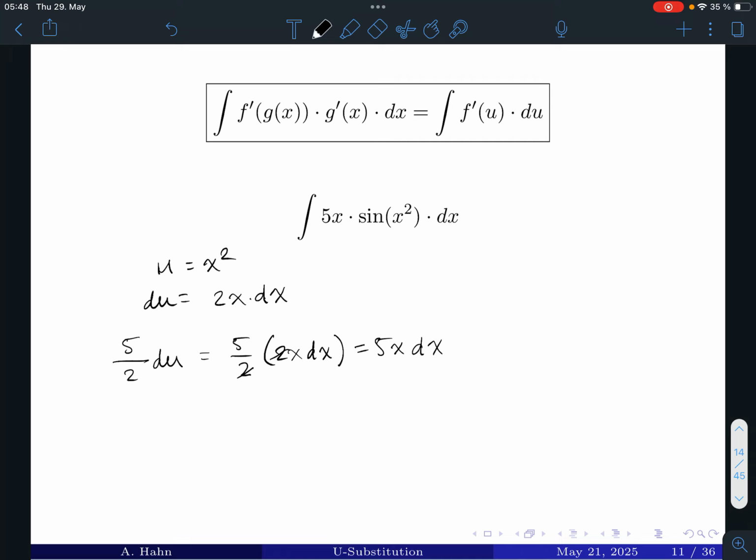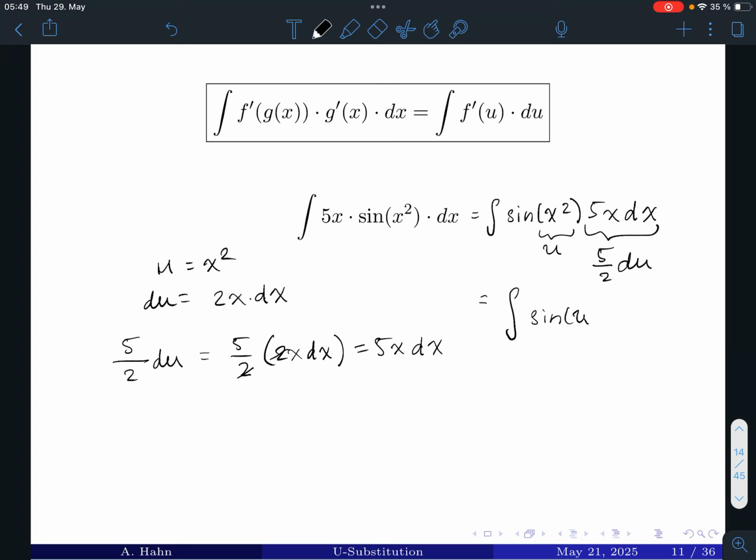Great. So now let's rewrite this integral. We can rewrite this to be the integral of sine of x squared times 5x dx. And then this right here is 5 over 2 du, and this right here is the u.